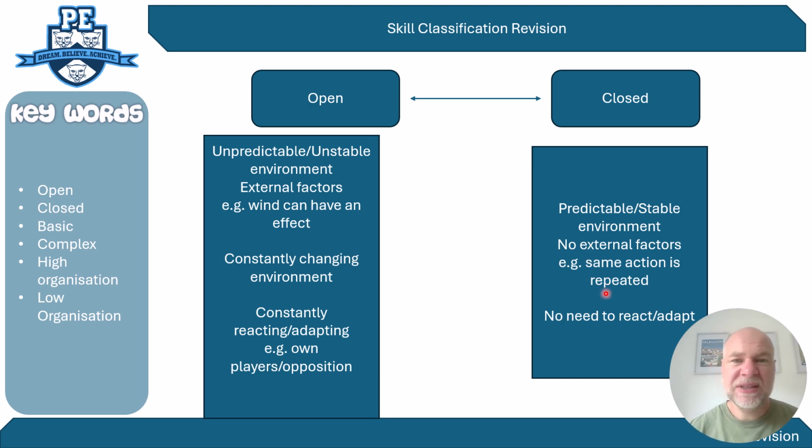If you're thinking of something like a tennis serve, which is one of the examples the exam board use, even though the environment can be open, the actual serve is more or less the same in most situations, the same actions, depending on where you want to put the serve, and I'll talk about that next slide down. And you're not reacting to an environment, so things like a forward roll in gymnastics, where there are no changes in conditions and the movement is the same movement pattern, tend to be closed skills.